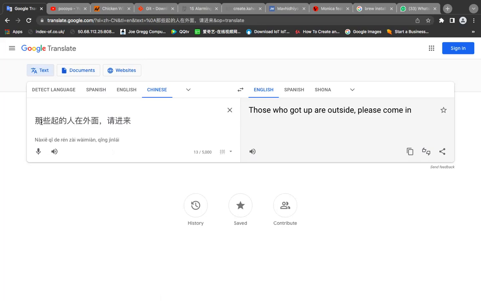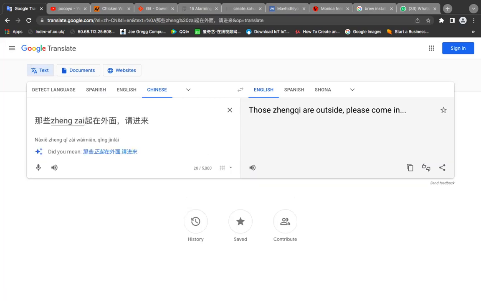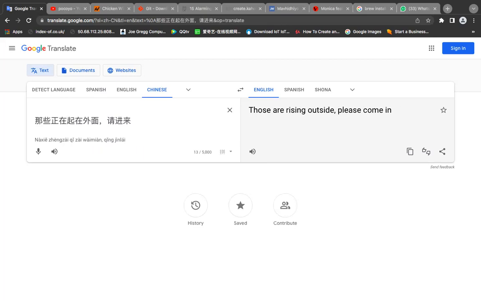It's not coming. We could say, yeah, but I don't think it would be necessary to specify that they are standing. Right, okay. Yeah. 那些正菜吃菜外面. 正菜, those who are waiting outside. Yeah, this will be close, but yeah.